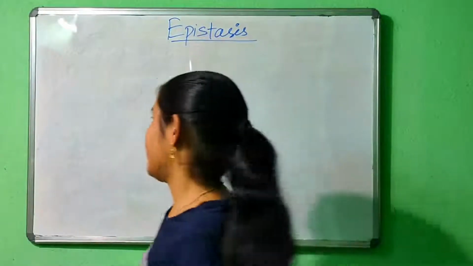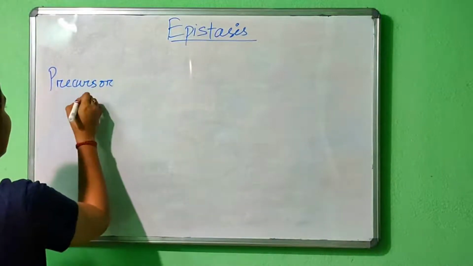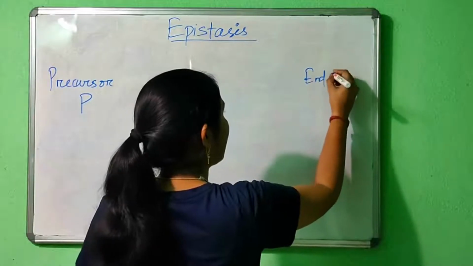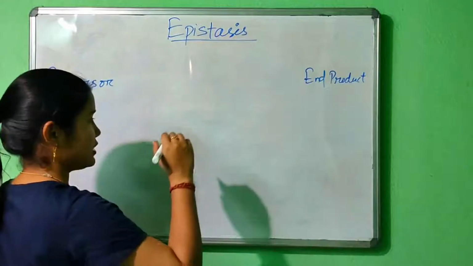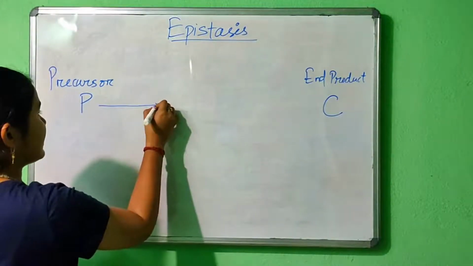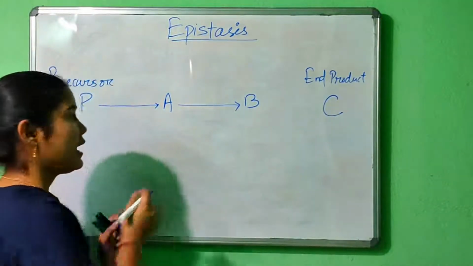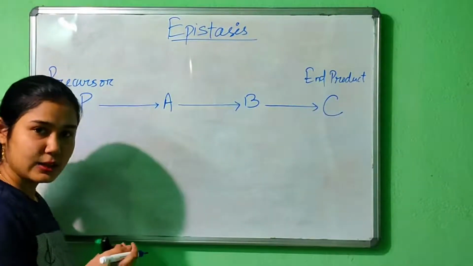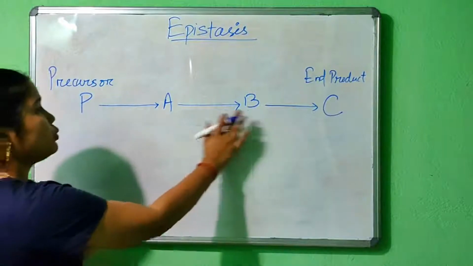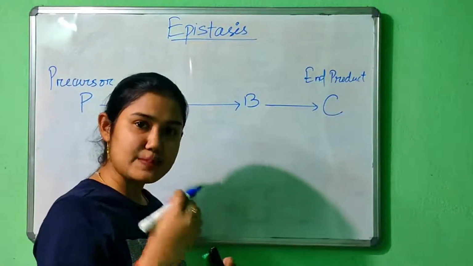Consider a biosynthetic pathway where there is a precursor P and an end product C. First the precursor gets converted into product A, then into product B, and then B gets converted into C. As this is a simple biosynthetic pathway, here we have 3 steps, and we know that in a biosynthetic pathway each step is catalyzed by a specific enzyme.